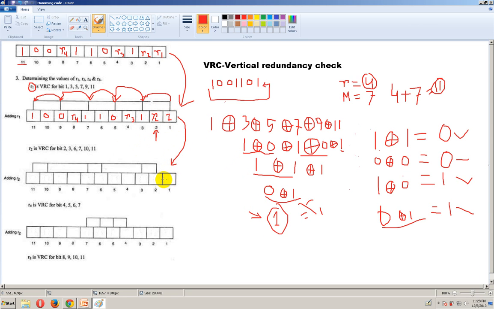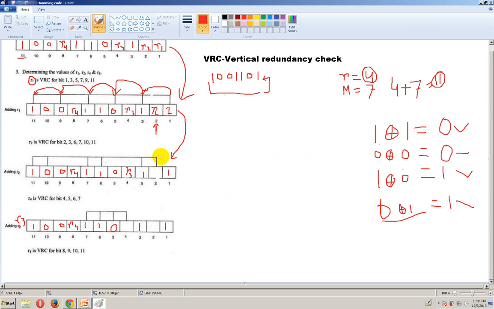Now at this stage, we are going to calculate r2. You remember that when we found the positions for r1, we took one position, then skipped one position.